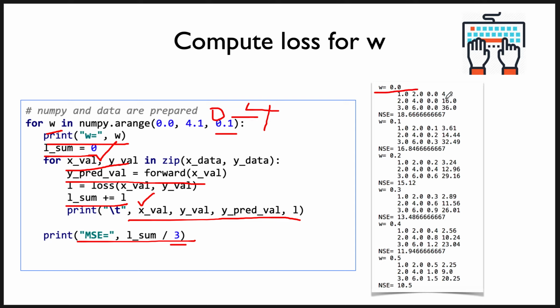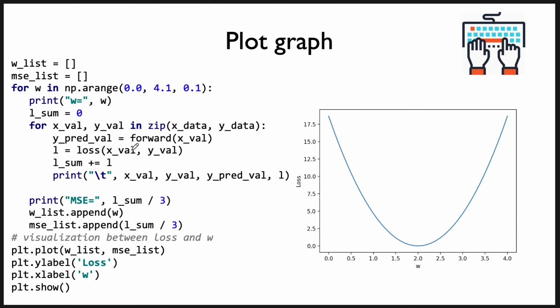When W is changed, the MSE is going to change. Then if you want, you can draw a very nice plot graph like this. There are two variables: the W value, and what the MSE value is here.